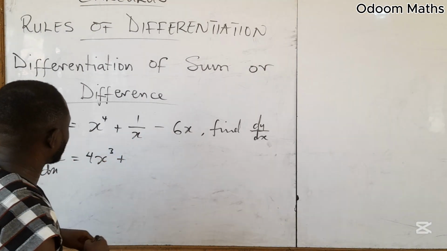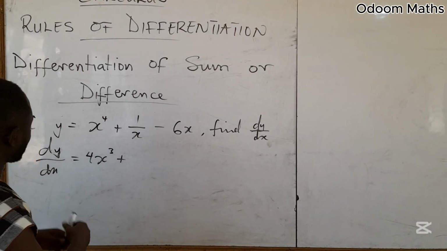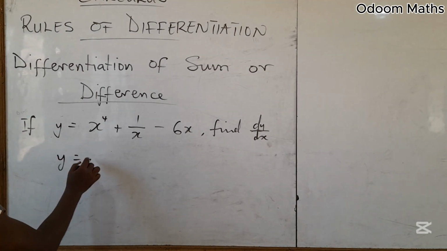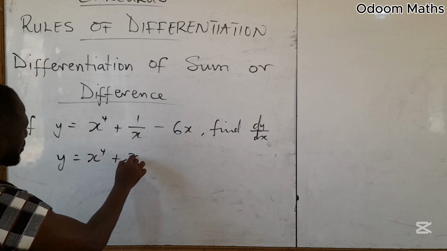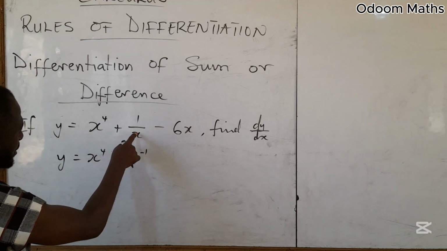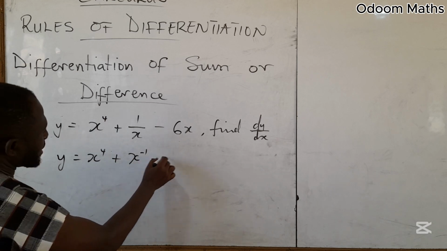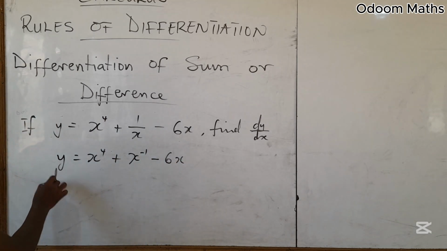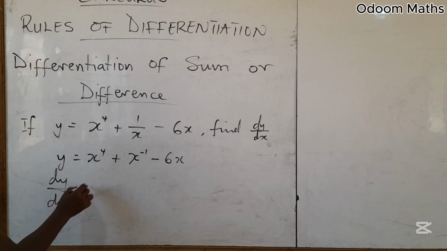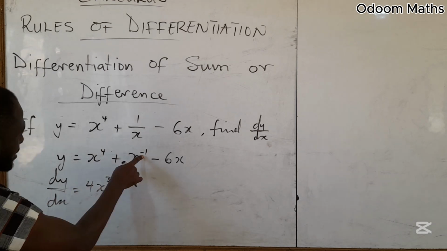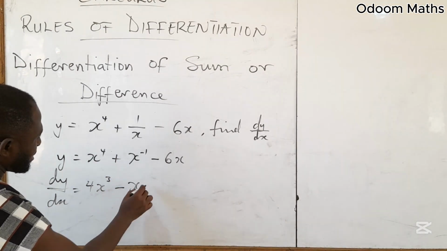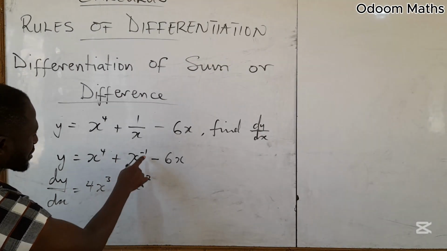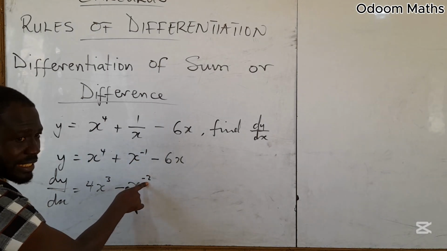Let me rewrite this again. y is equal to x to the power 4 plus x to the power negative 1 minus 6x. So my dy dx becomes 4x cubed. This one, negative 1 times x becomes minus x to the negative 2. That is negative 1 minus 1, that is negative 2.